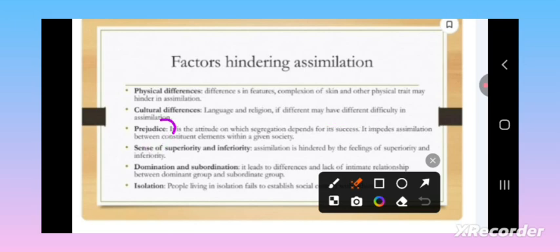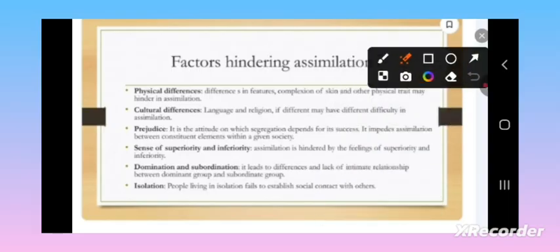Prejudice is an attitude on which segregation depends for its success. It impedes assimilation between constituent elements within a society. Sense of superiority and inferiority: assimilation is hindered by the feeling of superiority and inferiority held by one group towards another, which prevents genuine interaction.